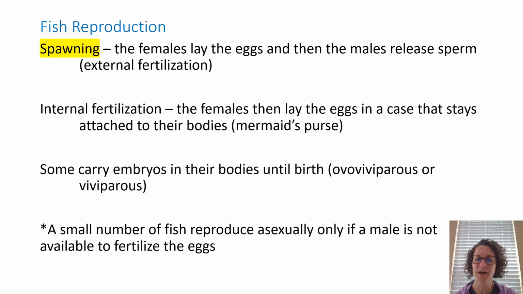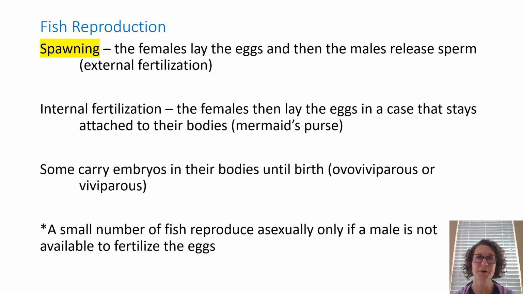Okay, so now reproduction. You probably have heard of spawning, and this is when a female will lay eggs and then the male comes along and releases sperm over those eggs. It's external fertilization. Most fish will return to a certain place to spawn.